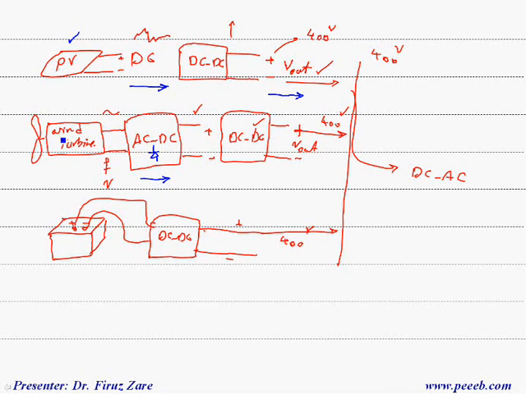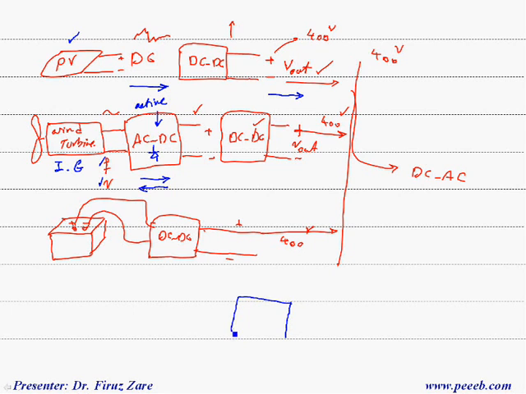But in different applications, for example if we have an induction generator, we need to deliver reactive power to the wind turbine, otherwise we are not able to generate voltage at the output of this generator. So in this case it's not possible to use an AC-DC converter based on a diode rectifier, but we need to have an active AC to DC converter, which is basically one type of DC-AC converter.